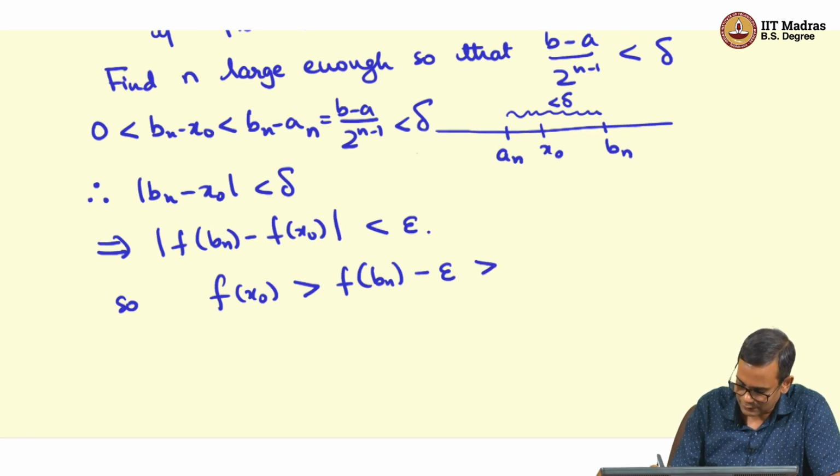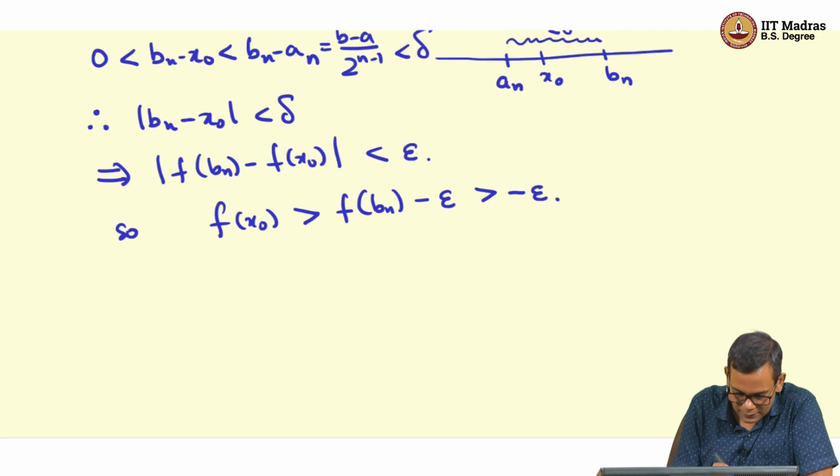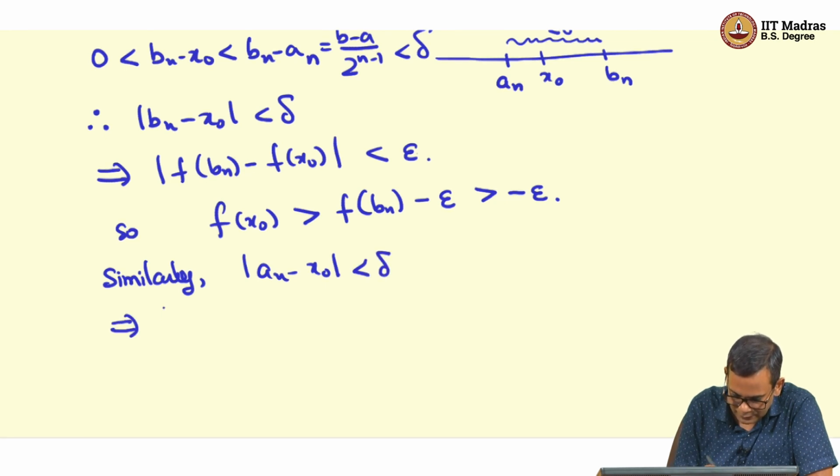So, this is greater than minus epsilon. Similarly, we have the absolute value of a n minus x naught is less than delta, which implies that the absolute value of f of a n minus f of x naught is less than epsilon.